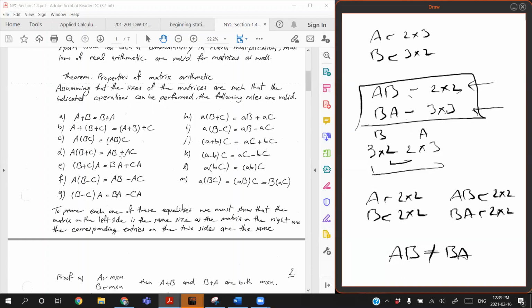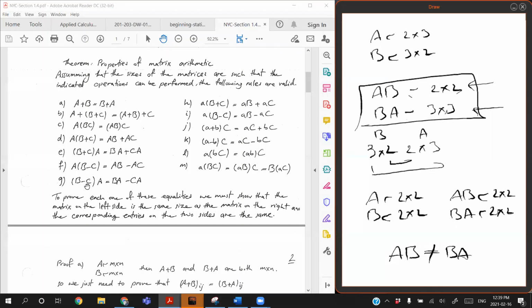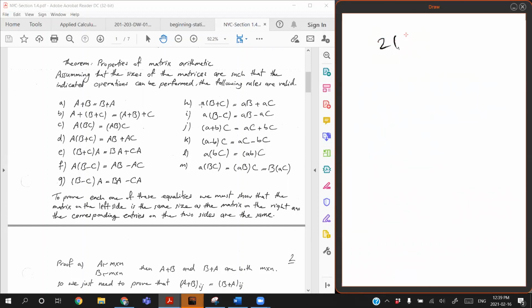Distributive property from the left, distributive property from the right. It works with addition, with subtraction. Distributive property if you have a real number. So if you have a scalar like 2 and you want to multiply that by A plus B, that can also be distributed from either left or right, and also with addition or subtraction.